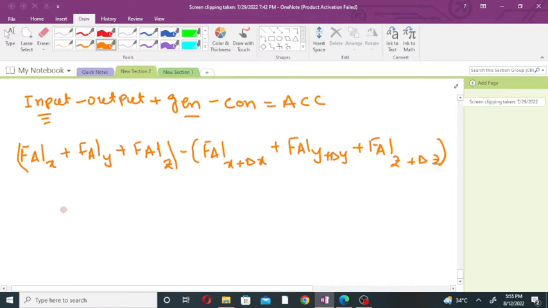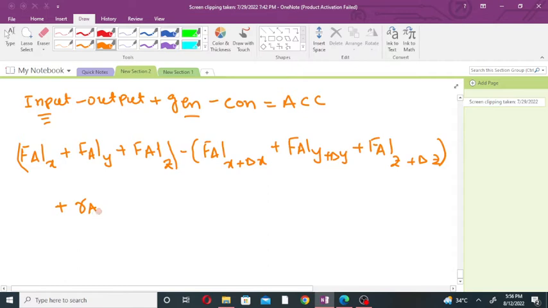Plus generation, so the rate of generation of component A is Ra. The unit of molar flow rate is mole per unit time, so the unit of this one is mole per unit time per volume. So the rate of generation, or the rate of consumption, of component A inside the system is denoted by Ra.